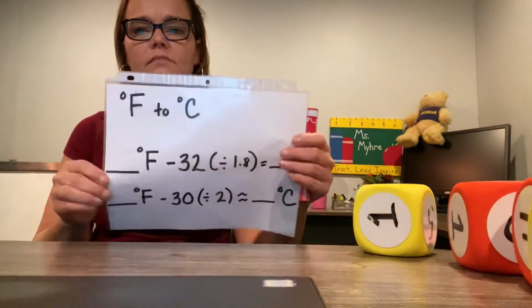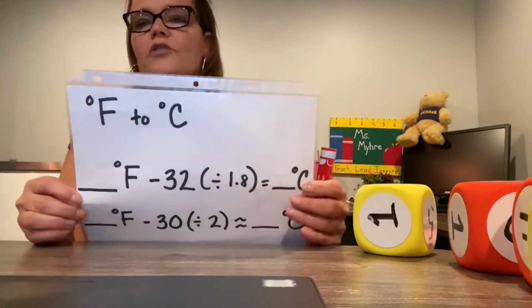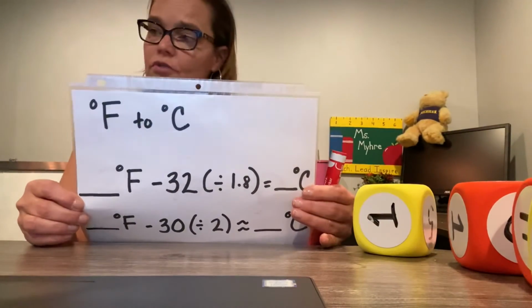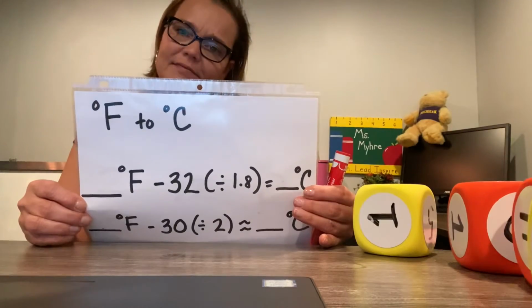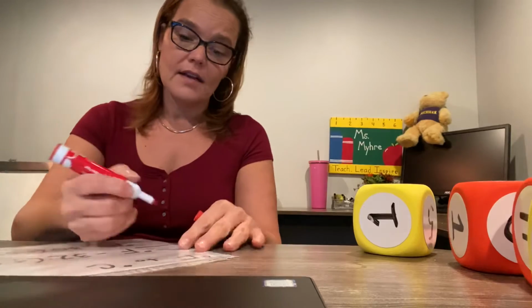All right, so I did promise you, in addition to translating degrees Celsius to degrees Fahrenheit, we're going to go from degrees Fahrenheit to degrees Celsius. I have followed the same process, and we're going to choose 59 degrees, which is a nice temperature to be thinking about in most states in this country right now because it's winter time.